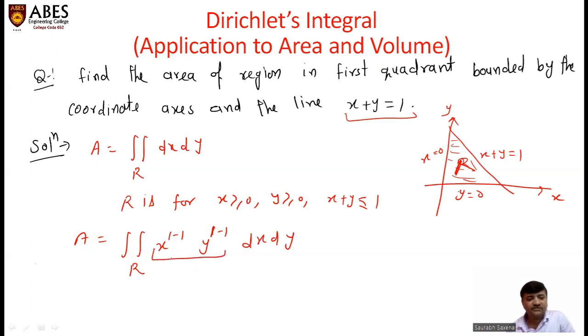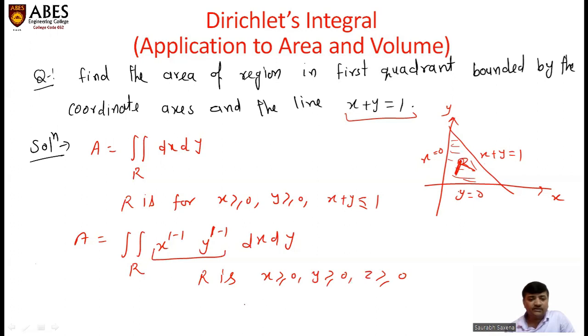It must be in the form of x to the power something minus 1, y to the power something minus 1. So since here there were no terms of x and y, we wrote it as x to the power 1 minus 1 and y to the power 1 minus 1. It will make no difference because x to the power 0 and y to the power 0 will be 1. And the region R is x positive, y positive.